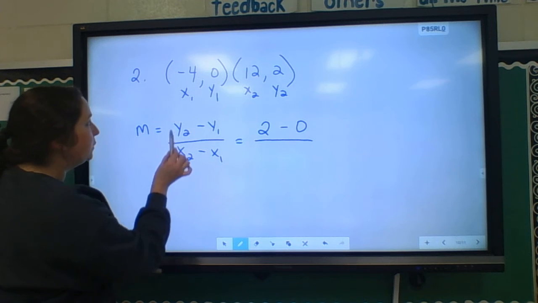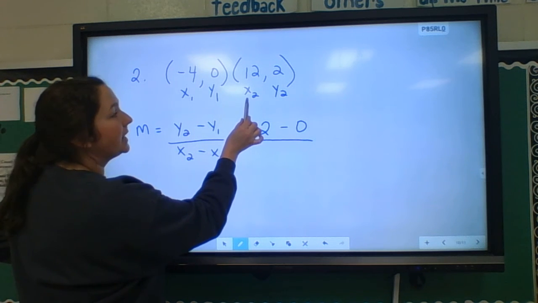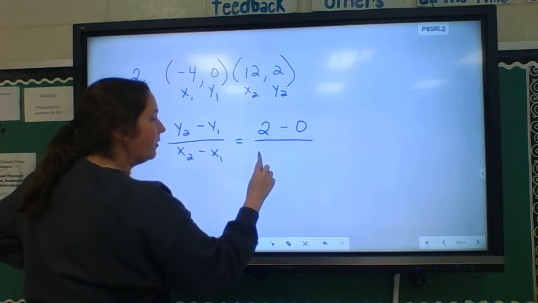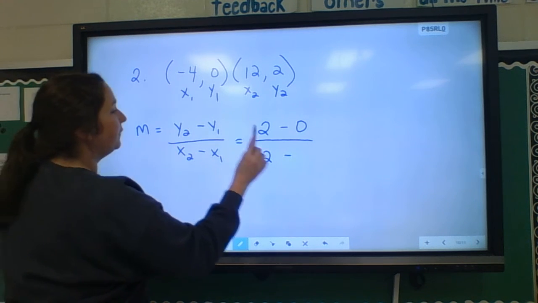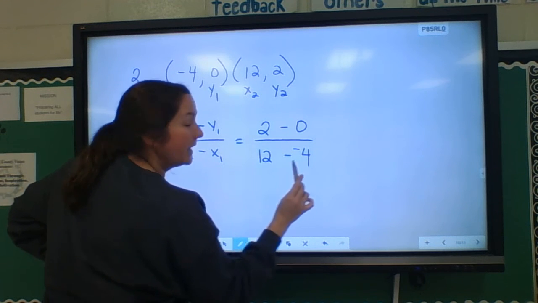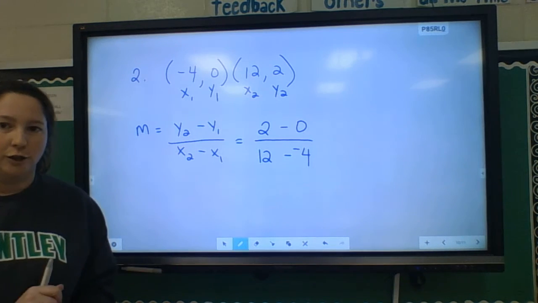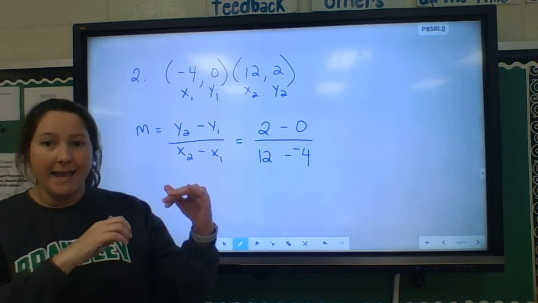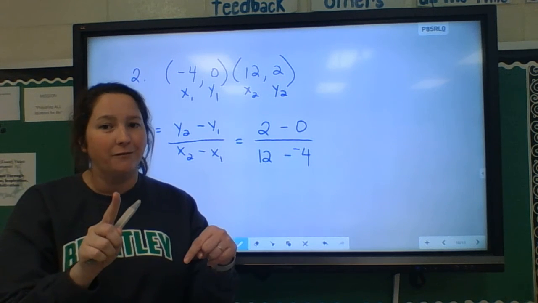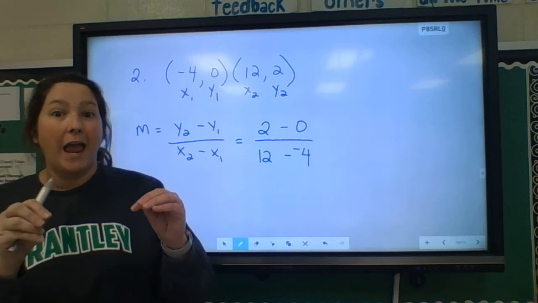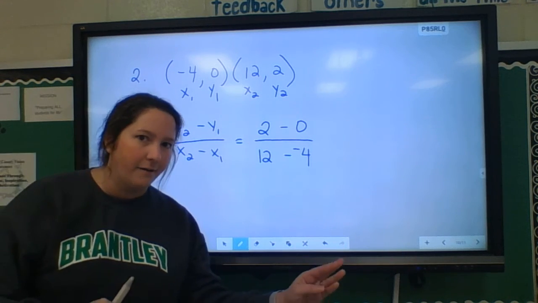Okay, so X2. There's X2. There's a 12. All right, X1. Negative 4. Careful, careful. Make sure that you put a subtract and a negative 4. That's important. It's not a regular positive 4. It's a negative 4, and we have to subtract a negative 4.